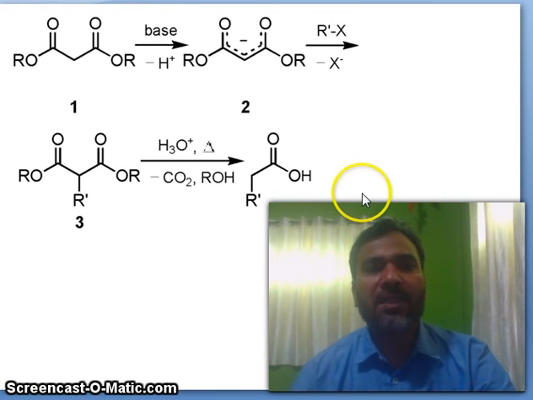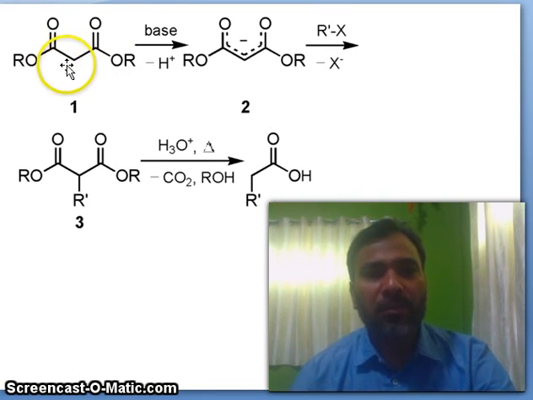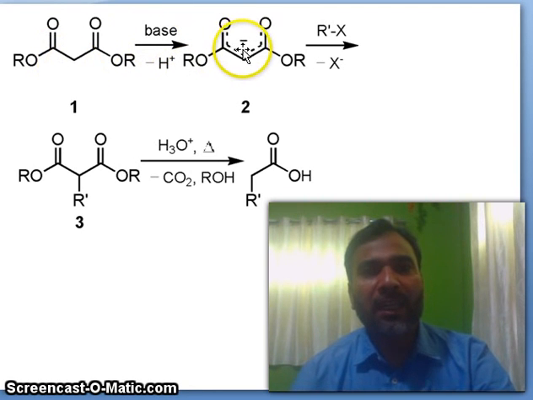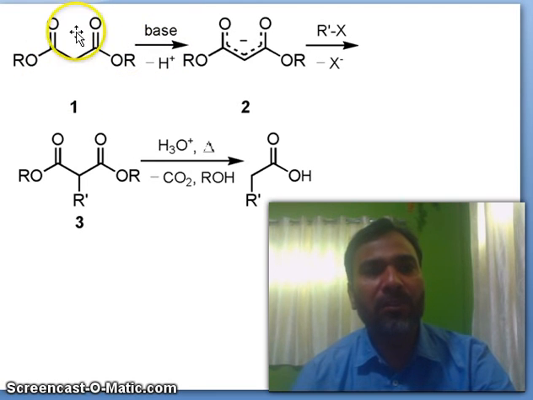So what is there? Here 2 hydrogens are there. This proton is taken by the base, forming a carbanion, and this carbanion is stabilized by resonance. Why is it giving this hydrogen to the base? Due to the inductive effect. This is an electron withdrawing group, and this is also an electron withdrawing group.